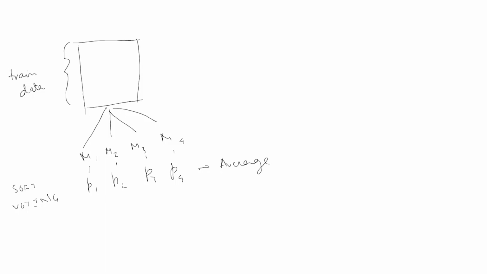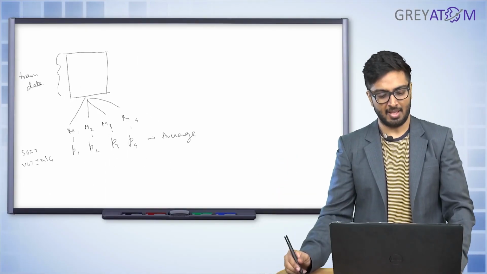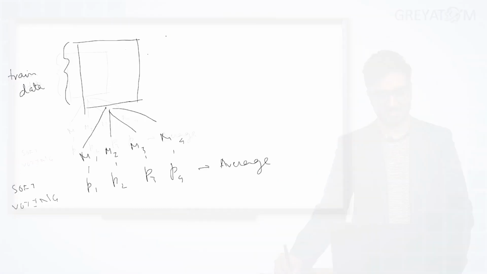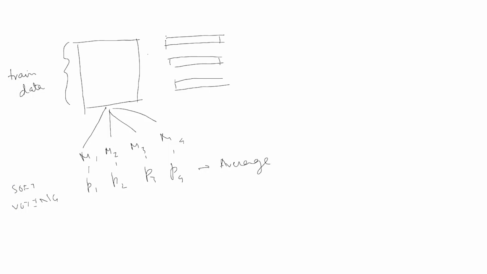Now in case of hard voting, we thresholded these P1, P2 values to 1 or 0 values, and then took the majority of either 1 or 0, and that's your decision. That was hard voting. And what we did with specialist models is split this data set into multiple parts, and then we again train models, each of them, M1, M2, M3.